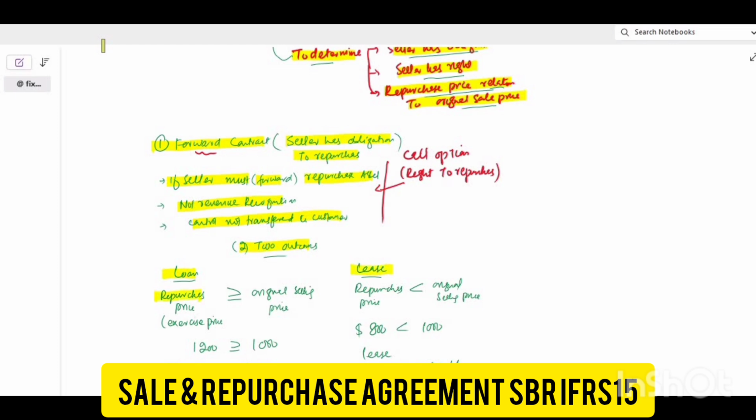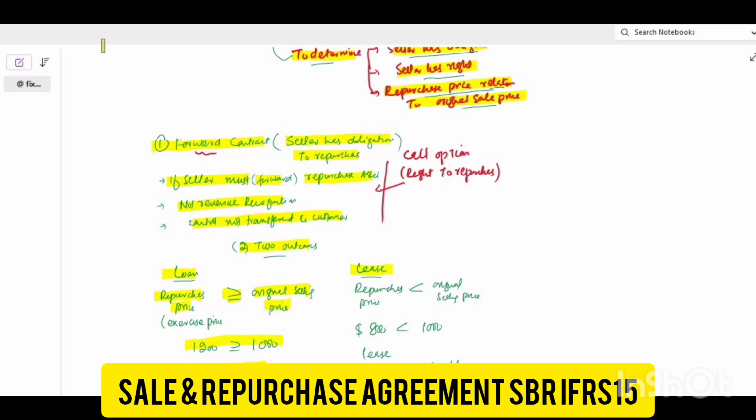So if the repurchase price is greater than the original selling price, then we call that a loan agreement, and we will record the loan. This is the example which I have written here. 1200 is the repurchase price, which is greater than the 1000 original selling price.